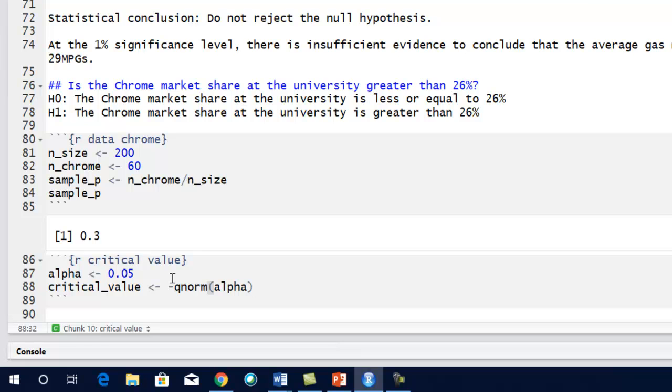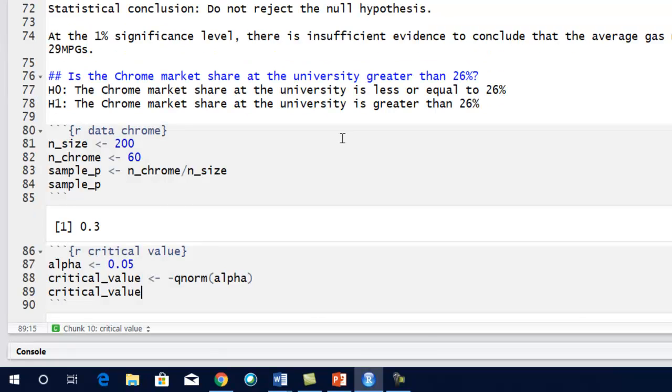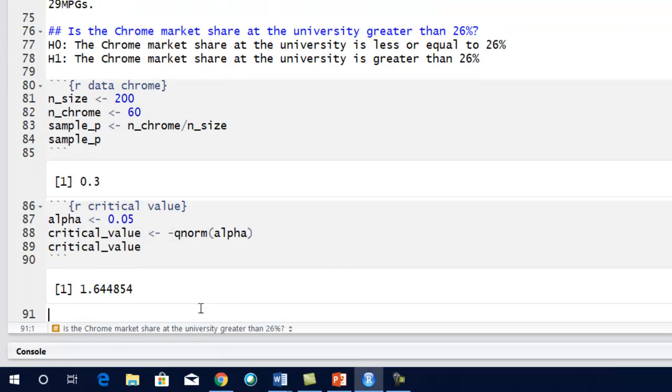I don't have to divide the alpha by 2 because this is just a one-tailed test. So the probability, I just want it in the upper tail. If I want to see the critical value, I ask for it. So right there I have my critical value. That's the critical value for this test.